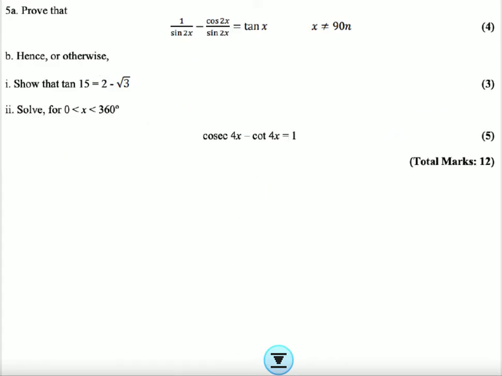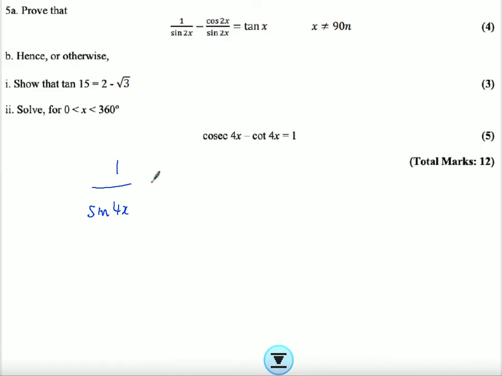And then finally, solve between 0 and 360, so degrees, not radians. Cosec 4x cot 4x equals 1. Right, okay. So there must be a link. It's not just going to be a random question here. It must be a link. So let's rewrite this. So cosec 4x is 1 over sine 4x.